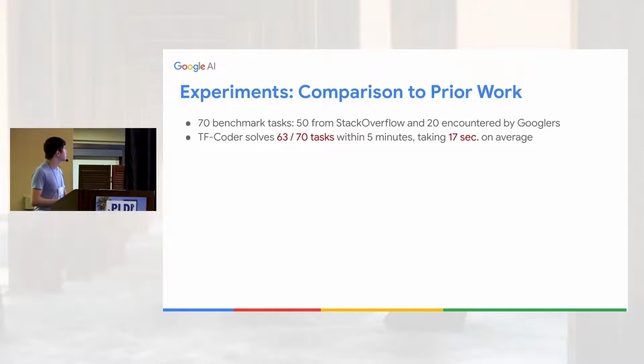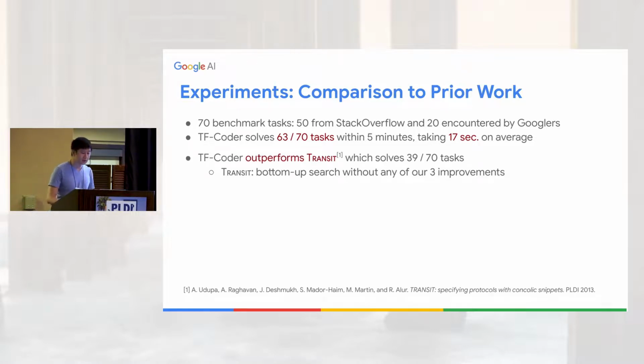For our experiments, we collected 70 benchmark tasks, 50 of them from Stack Overflow, and 20 that are encountered by Googlers. With a time limit of 5 minutes, TF-Coder solves 63 of the tasks using only 17 seconds on average. TF-Coder outperforms the prior work transit, which is essentially the bottom-up search without any of our 3 improvements.